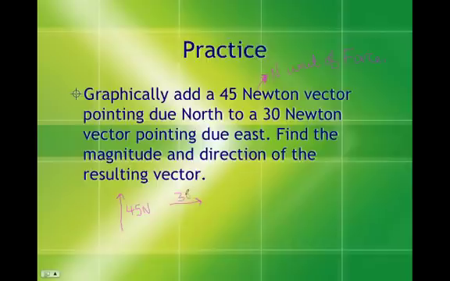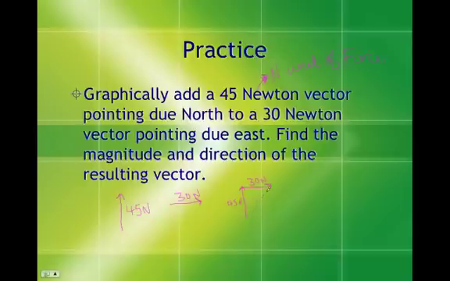Let's take then and we add that to a vector, a 30 newton vector pointing due east. So this is 30 newtons due east. And I need to find the magnitude and direction of the resulting vector. So if I take and I add these two together, I can add them in two different ways. Remember that I need to put the tip to the tail. So I could simply add them together in this fashion, with this being my 30 newton vector and this being my 45 newton vector.